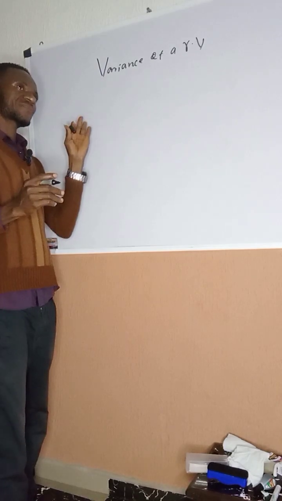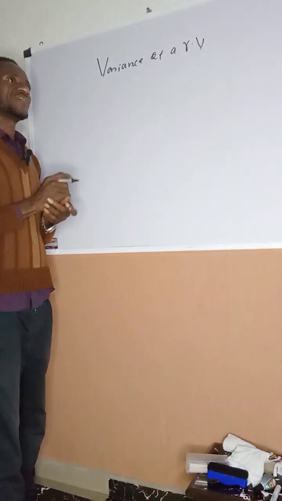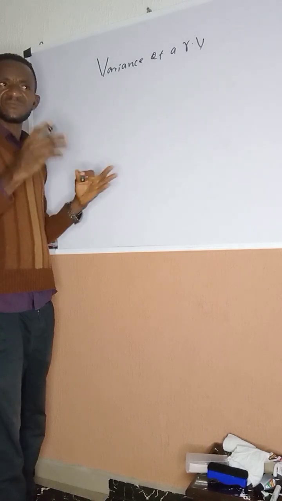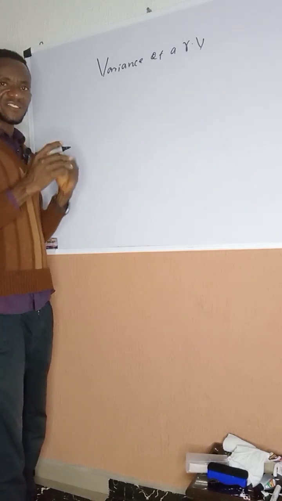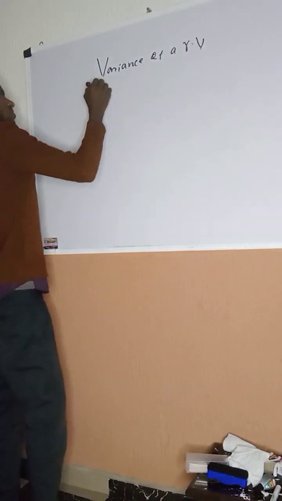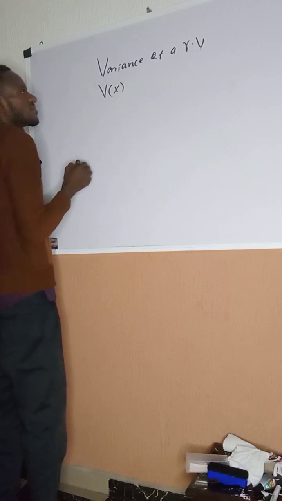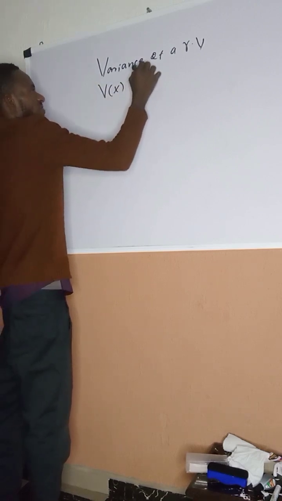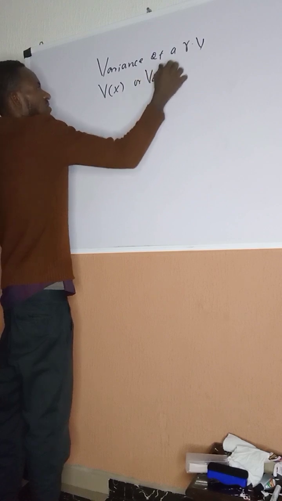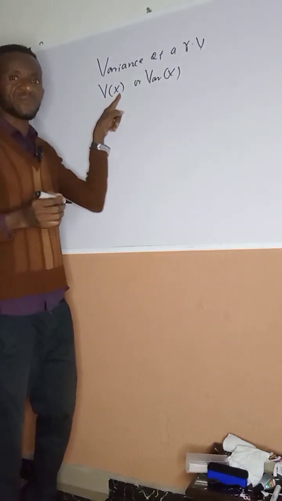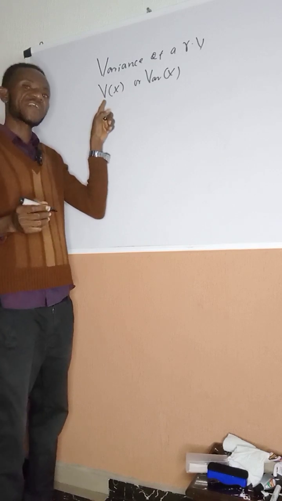And in our class, we say that the variance of a random variable is most likely denoted by, you write V of X, or you write VAR of X, where this X stands for random variable and V here stands for variance.